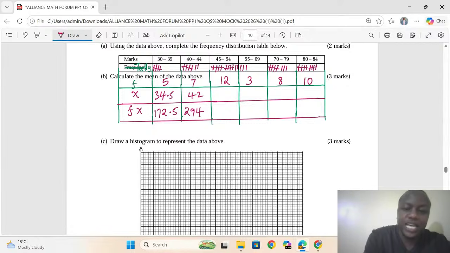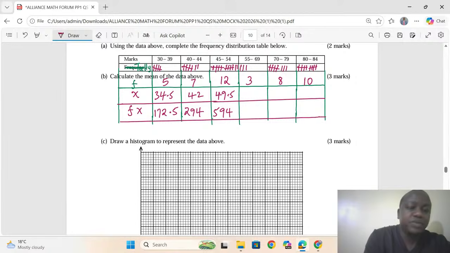The next is 45 to 54, and we divide by 2. The midpoint is 49.5. Now this should be multiplied by 12 to give us 594. You see that? The next is 55 to 69.